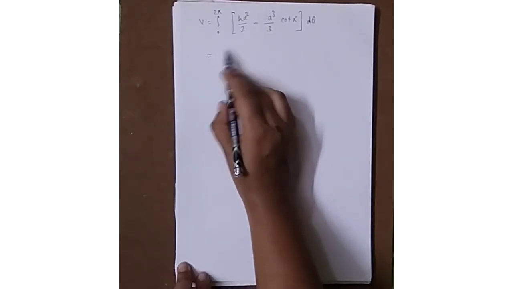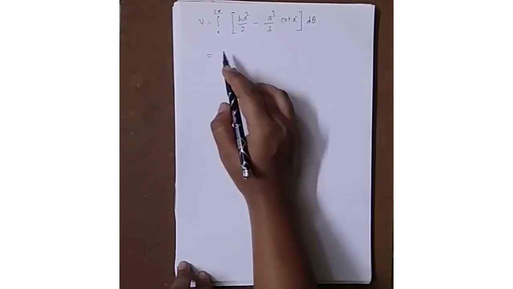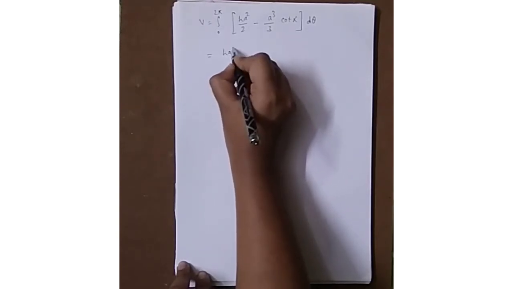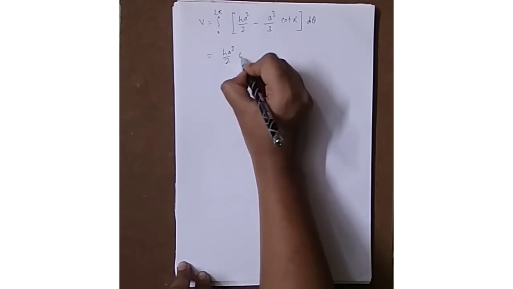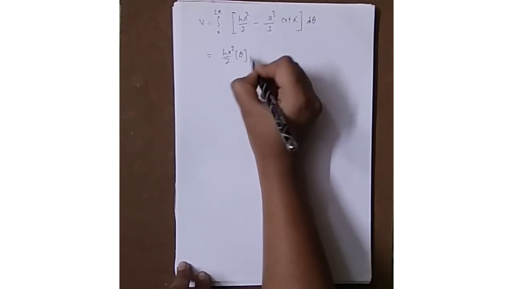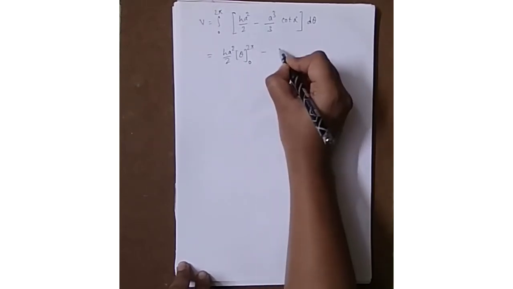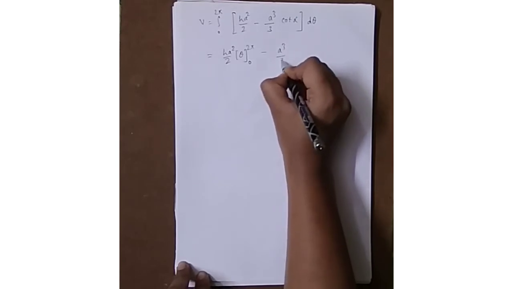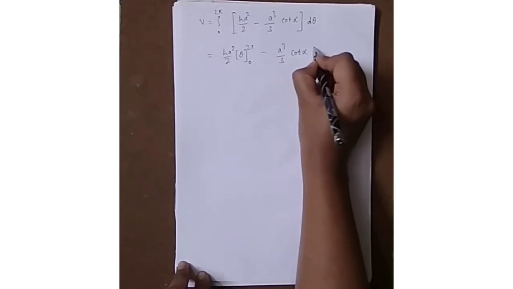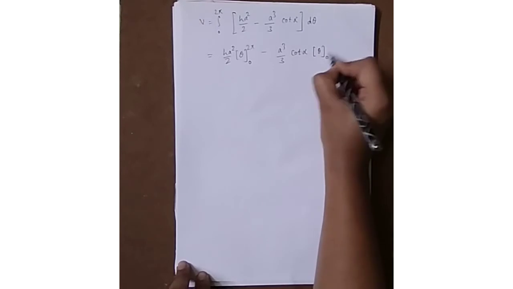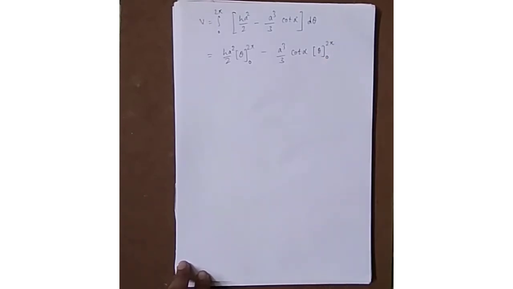Again integrating these two terms with respect to theta gives h a square by 2 theta, and the limit is 0 to 2 pi, minus a cube by 3 cot alpha theta, and the limit is 0 to 2 pi.